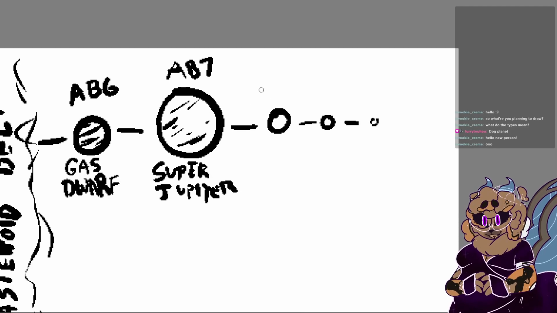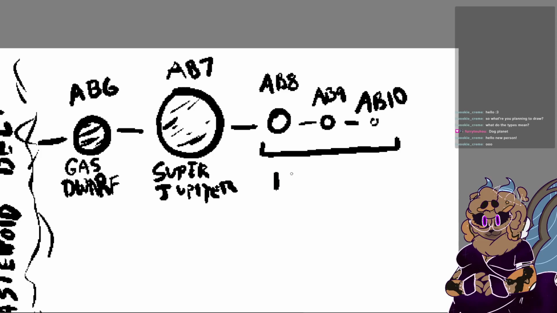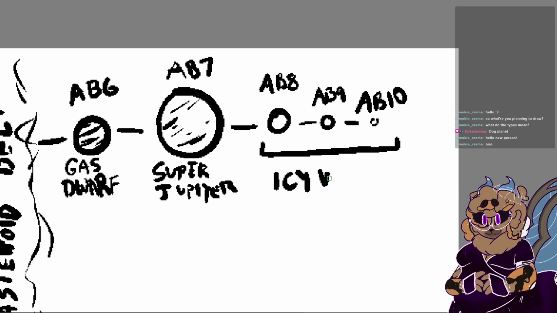Like something that's barely a planet. So AB8, AB9, and AB10. And these are all going to be icy worlds.